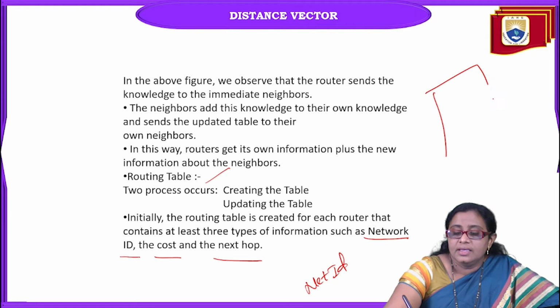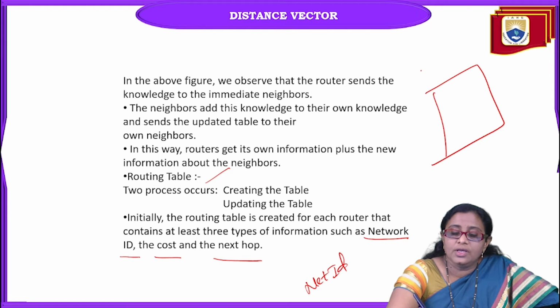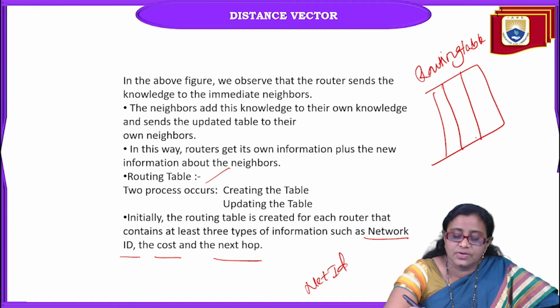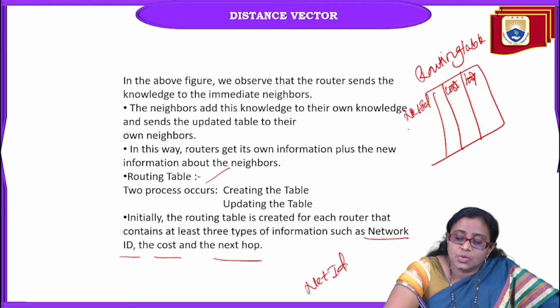So the routing table is divided into three types: the first one is the net ID, the second one is the cost, the third one is the hop.